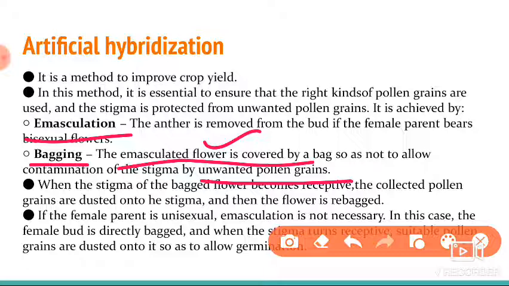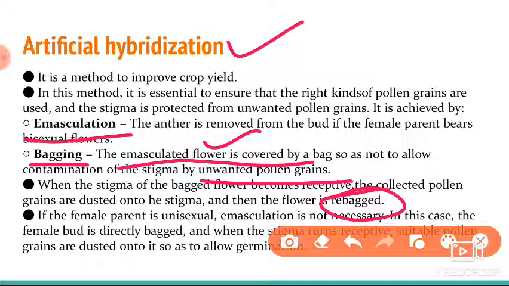After completing the pollination, again we go for rebagging. Again we add the bags, and that is what we call the rebagged condition. Finally there is development of the embryo, and then the seed is developed. This is the method of artificial hybridization.